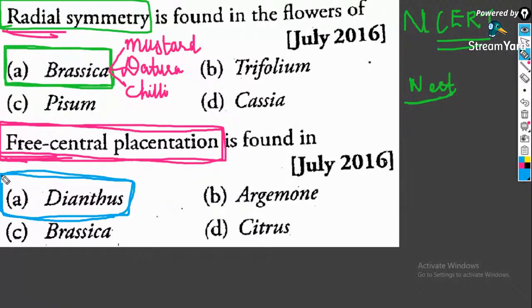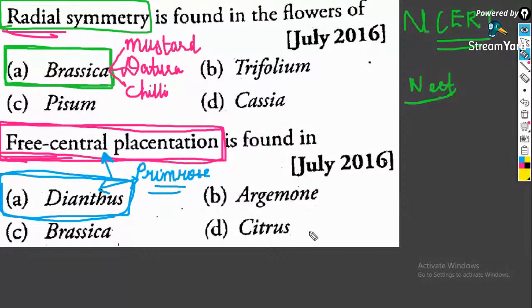Okay, why dianthus? Dianthus, primrose. You might have learned about the term primrose. So dianthus, primrose, all these show free central placentation.